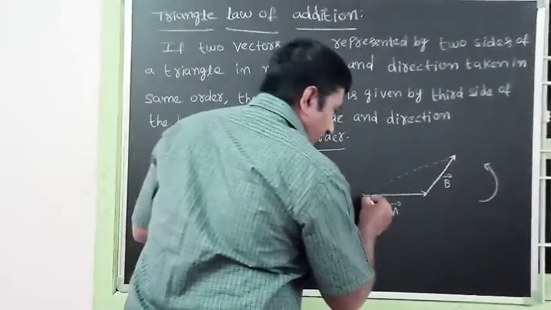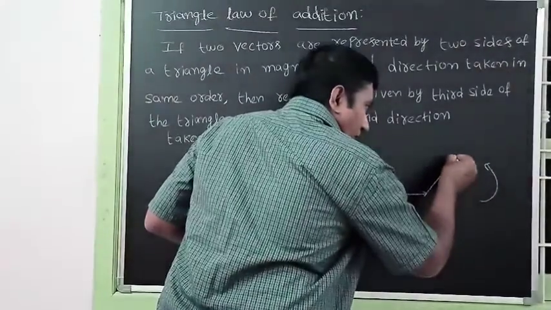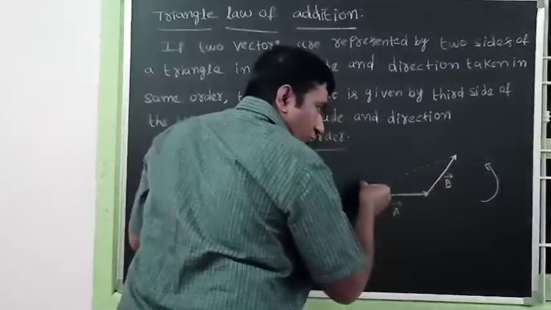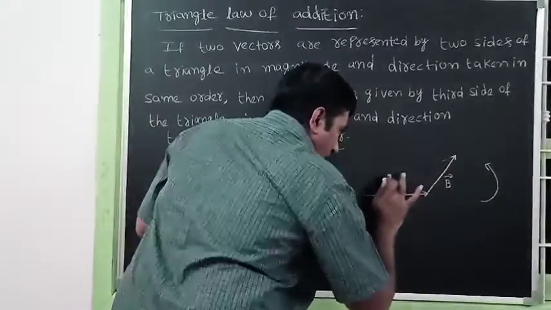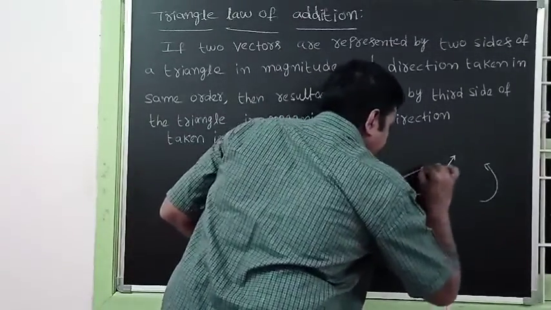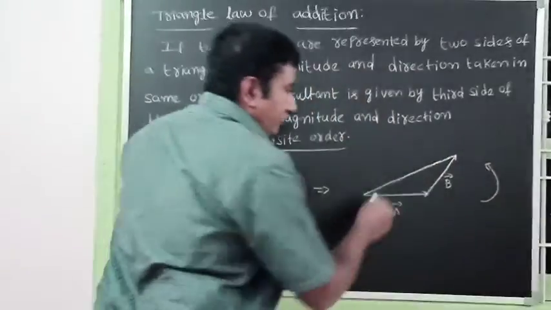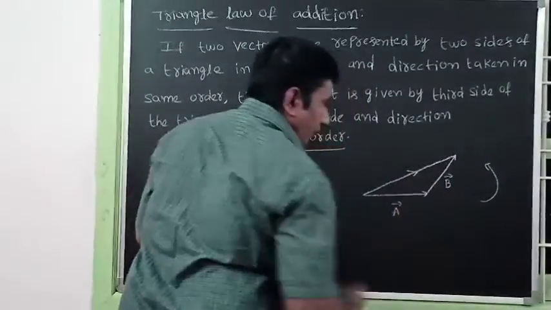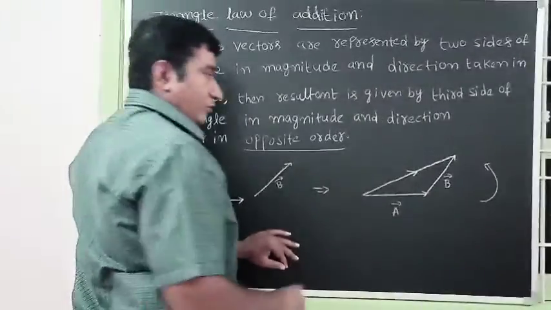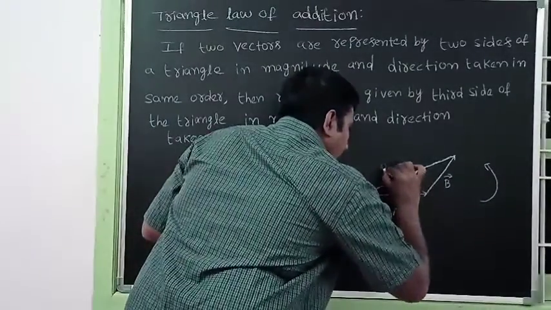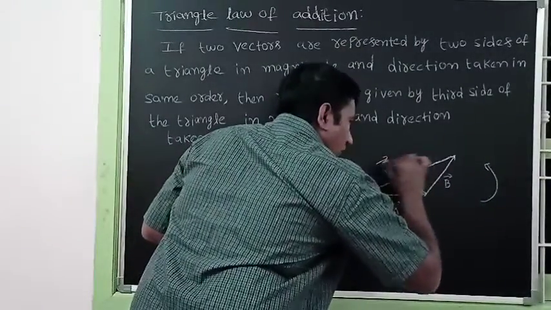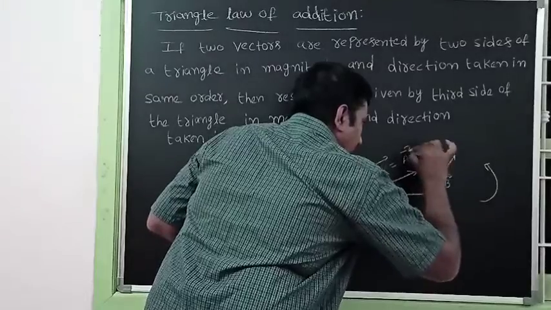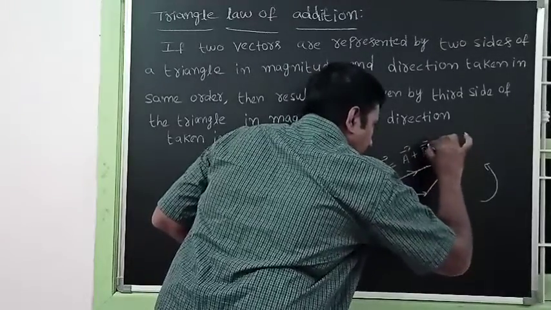Previously you took A to B in the same order, but here we have to take it in reverse order, which we get like this. This is the resultant vector, which we represent as R vector equals A vector plus B vector.